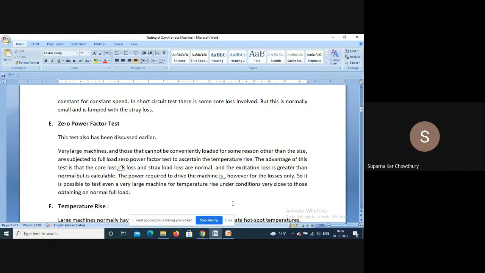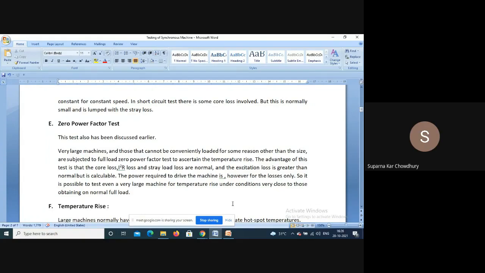The excitation loss, we will define these losses afterwards, is slightly higher but can be calculated. So temperature, the power, but all losses are almost equivalent to the full load rated condition. But actually the power which is required to drive the machine is only due to the losses only.